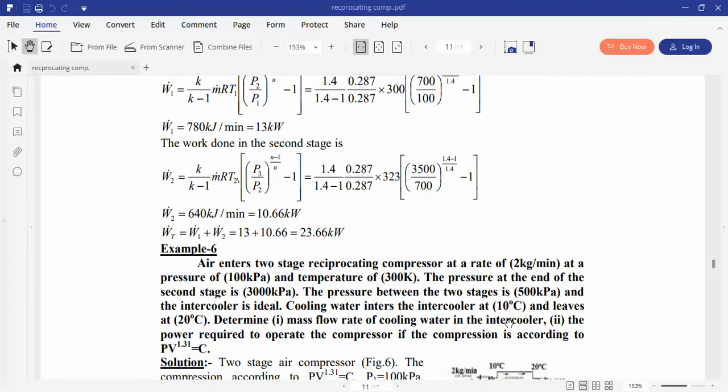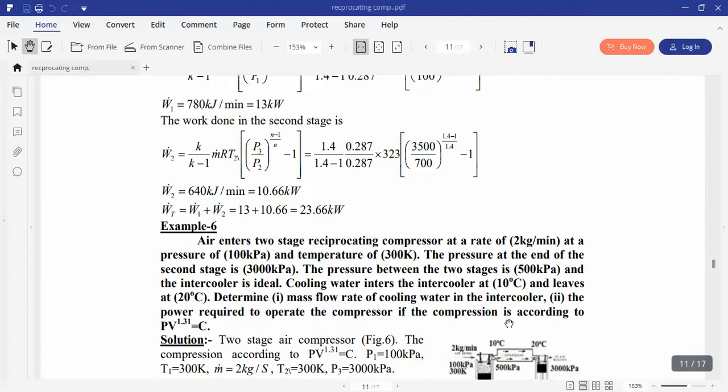This is a compressor of two stages. The flow rate is 2 kg per minute. P1 equal 100 kilopascal and T1 equal 300 Kelvin. The pressure at the end of the second stage is 3000 kilopascal, and the intermediate pressure is 500 kilopascal.